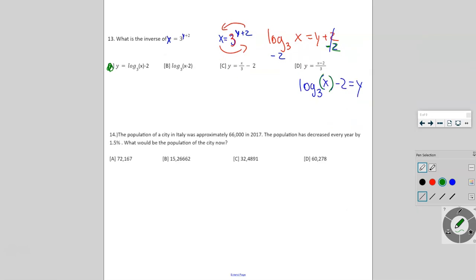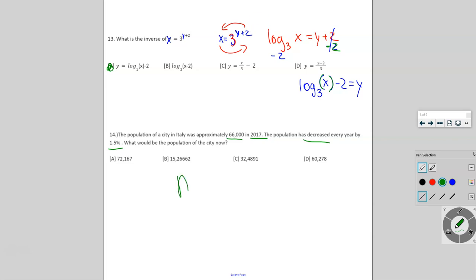And then the last one right here, question 14, says the population of a city in Italy was approximately 66,000 in 2017. The population has decreased, which means we're going to have a 1 minus, every year by a rate of 1.5%. What would be the population of the city now? So we're asking for the final value.